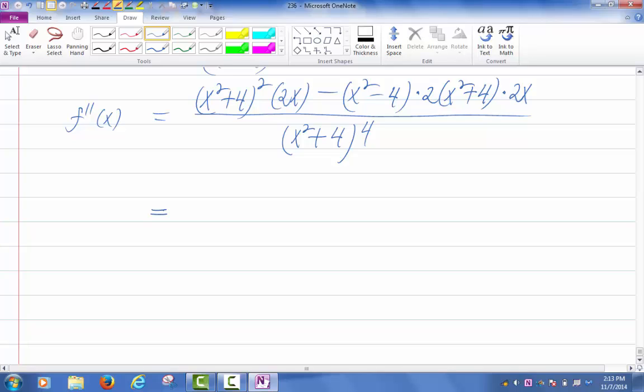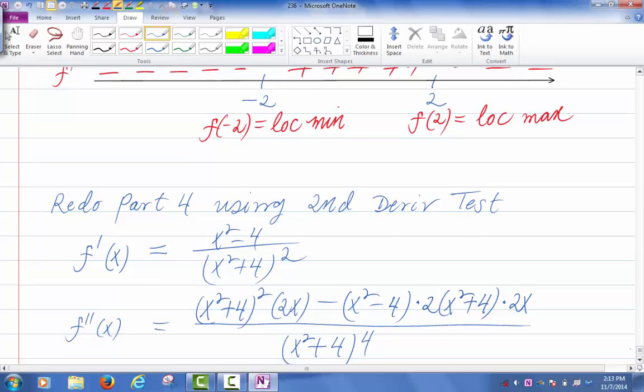The derivative of the numerator of the derivative is negative x squared plus 4, which means I'll get a negative 2 here, right?